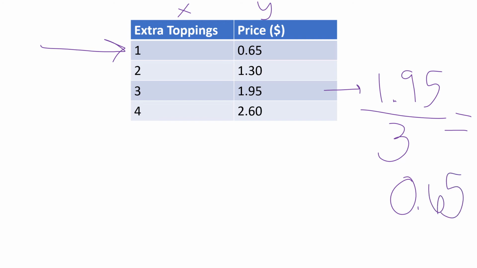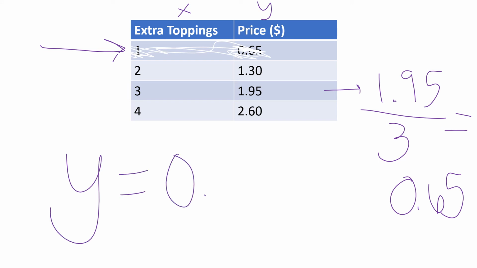And sometimes we have to do the division process if you don't actually see the unit rate, because sometimes tables wouldn't include the unit rate. So like this might not be here, and you have to use division to find it. So the equation you should have written is y equals 0.65x. Okay.